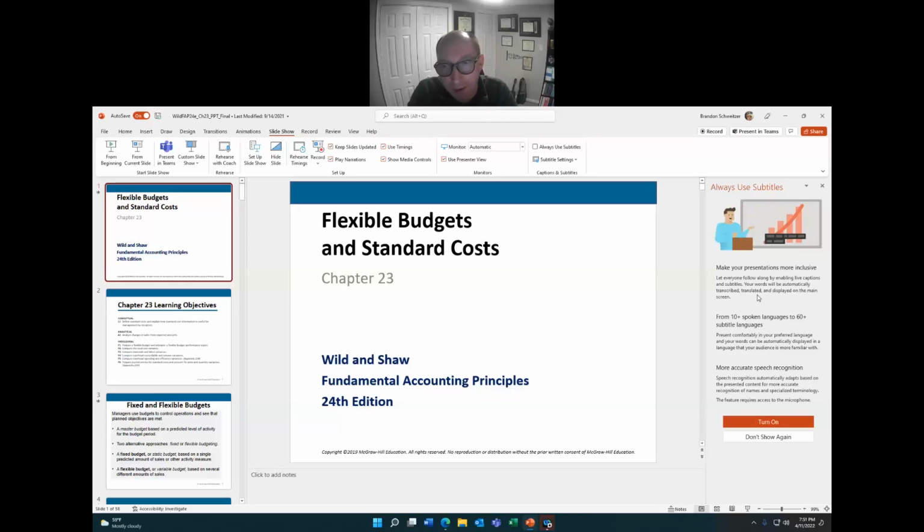But I promise you it's not difficult. The biggest takeaway here is that you take the actual amount minus the standard amount. And that's really how you find the variances. It's in the simplest form.